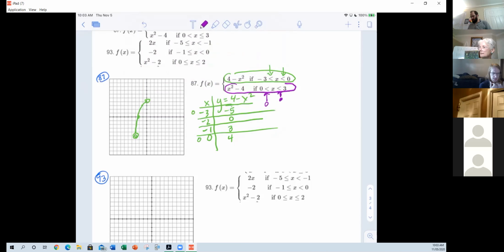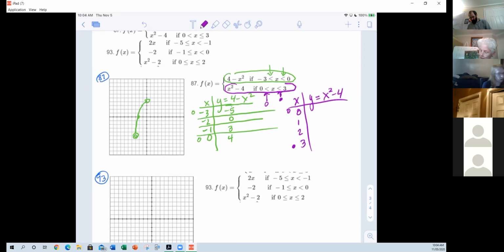Because it doesn't have the equal sign. So here we have x, and our y value is equal to x squared minus 4. So I'm going to go 0, 1, 2, 3, open dot here, closed dot here.